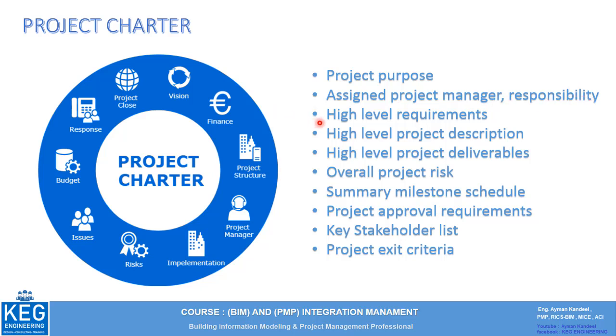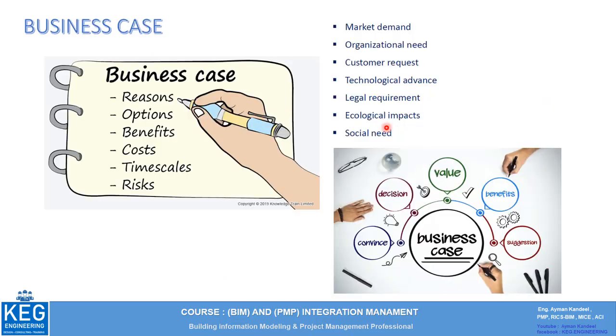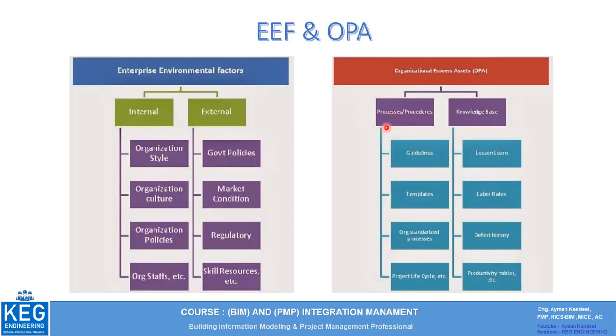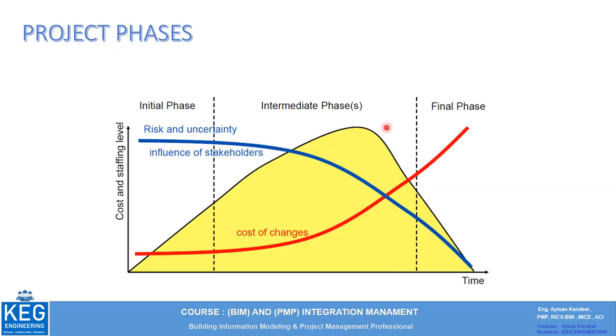We will put some high-level requirements, because the more time we spend on the project, the more requirements will be defined. Like this curve, the level of uncertainty is too high at the initial phase and starts to decrease up to the end.